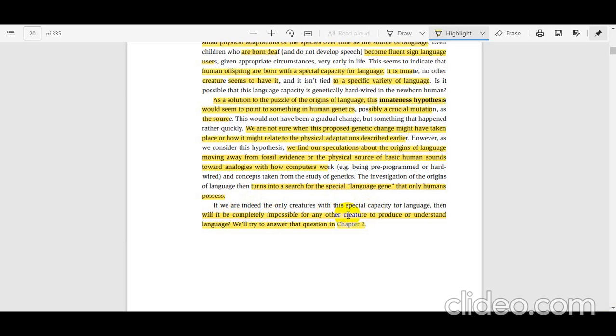Is this unique facility for humans, to have the language gene, what gives us the ability to decide that it is not possible for other creatures to produce or understand language? The answer to this question will be found, inshallah, in chapter 2, which is going to be our next investigation. Thank you very much for listening and watching.